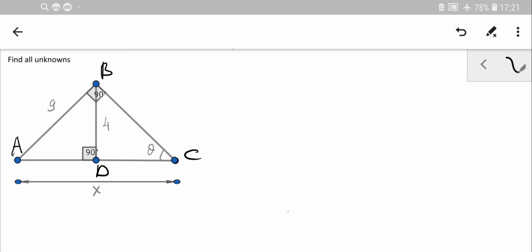Yeah, so let's consider the small triangle B, C, D. It's a right angle triangle, so we can take the opposite side and try to find the adjacent. Oh, hold on. We need to find BC actually. So I'll just go one step forward. I'll consider triangle ABC, the biggest one.